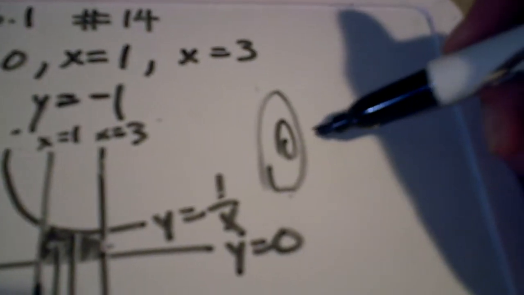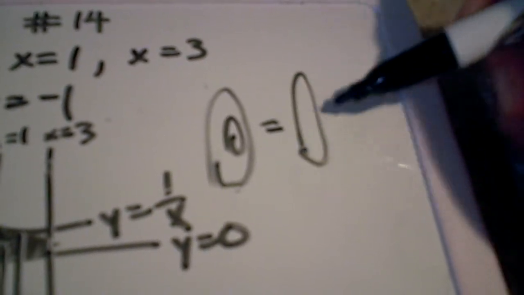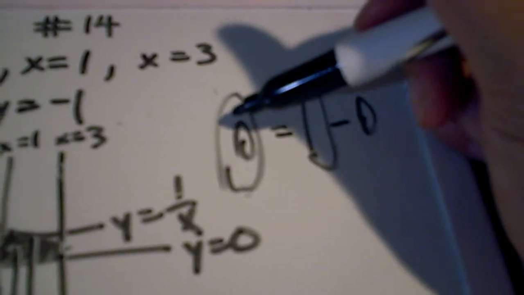To make a washer, you need the big radius minus the small radius. The big radius in this case is 1 over x minus -1, because it's the top function minus the lowest function, which is the line of rotation.